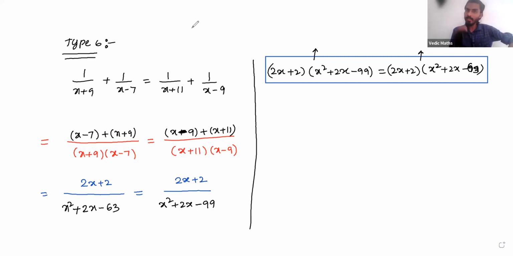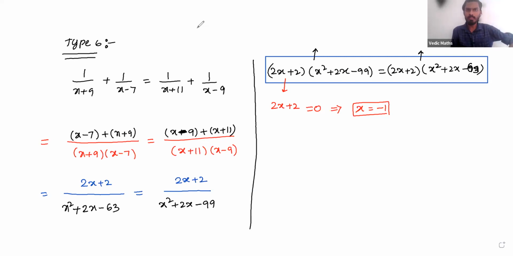Okay. The main thing: if you take this value 2x plus 2 and put a value here so that it gives the zero value, you can put x equal to minus 1. If you put minus 1 here, then both sides are satisfied and we are getting the same result.